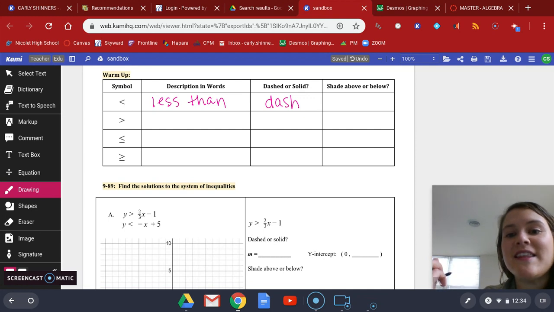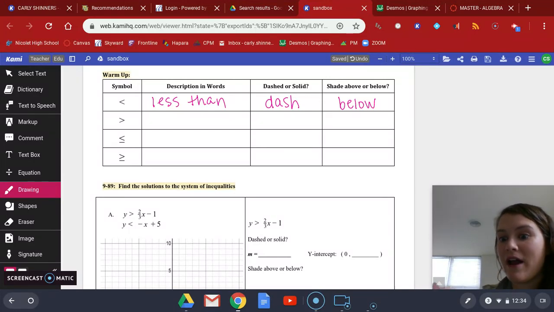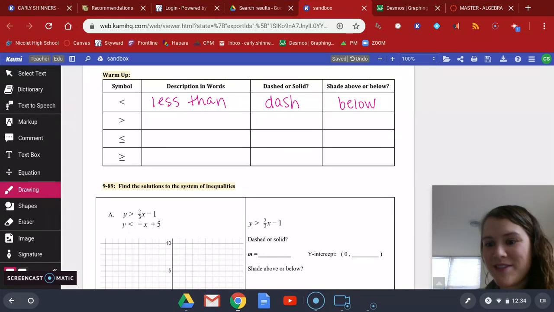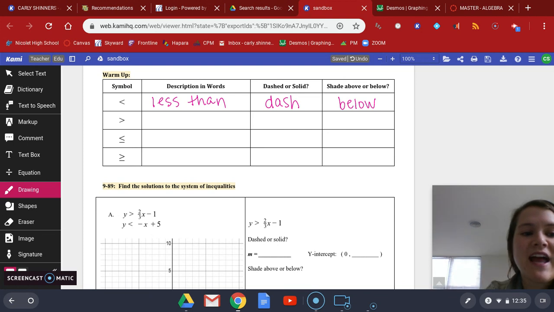Because this is less than, we would shade below the line, because if something's less than, think about on a number line, right? Then those numbers come below. All right. So there's our first one.